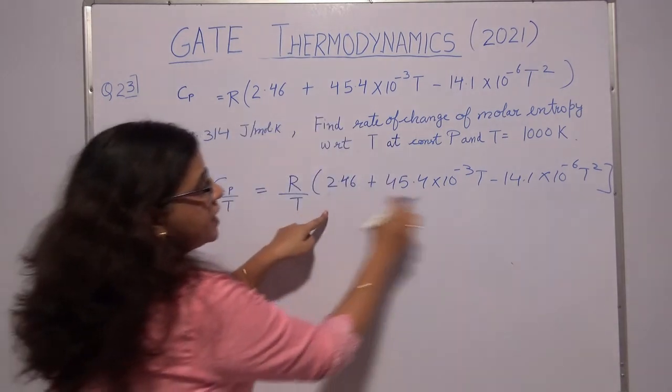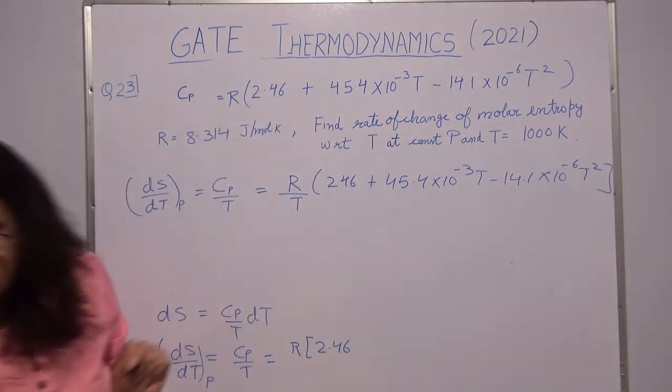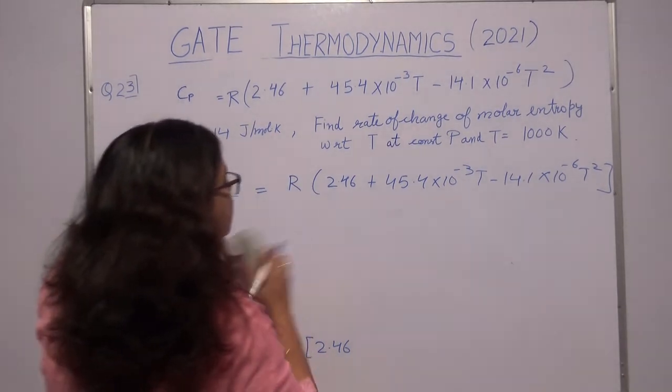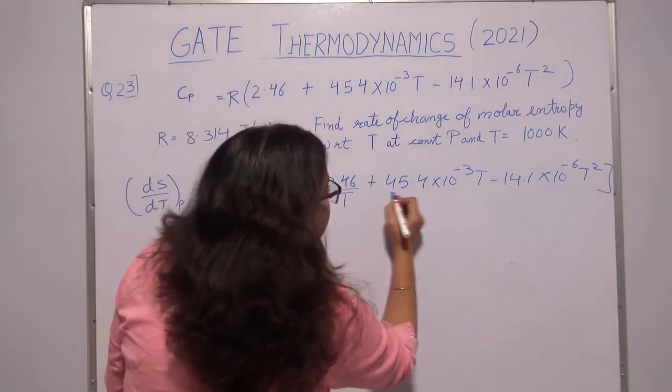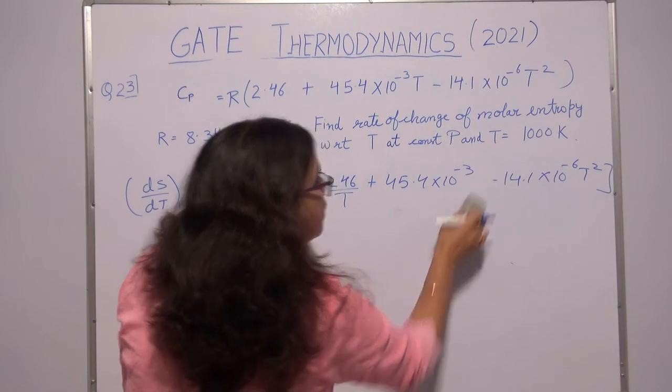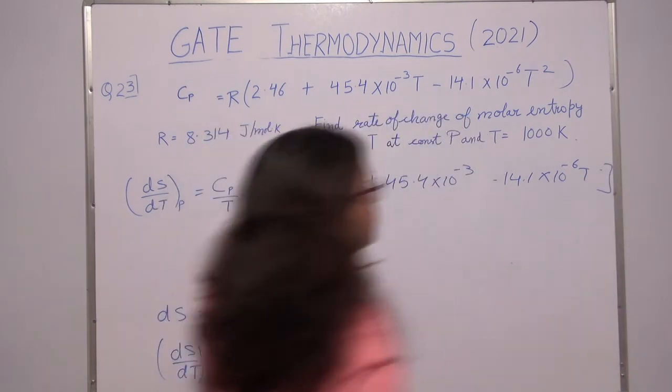If I take T inside the bracket, this thing gets divided by T, the T and T get cancelled from here, and this thing has one T cancelled, so you have this value.